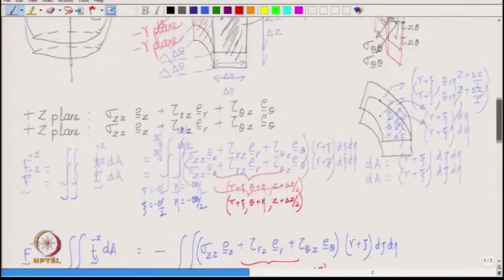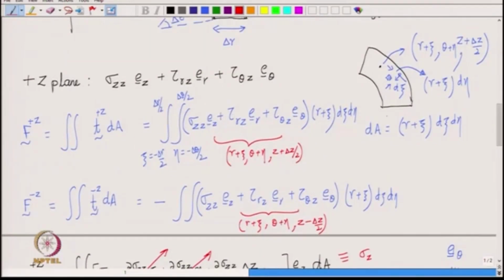Let us have a look at the z plane. You see what is the area of this z plane? So, along the theta direction, so this line, that is r times delta theta, is not it? So, that line is an arc of a circle, the radius is small r and the angle subtended is delta theta.